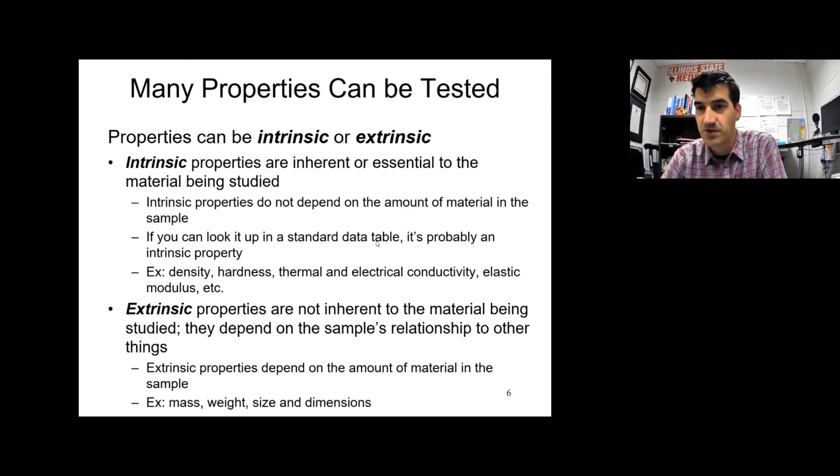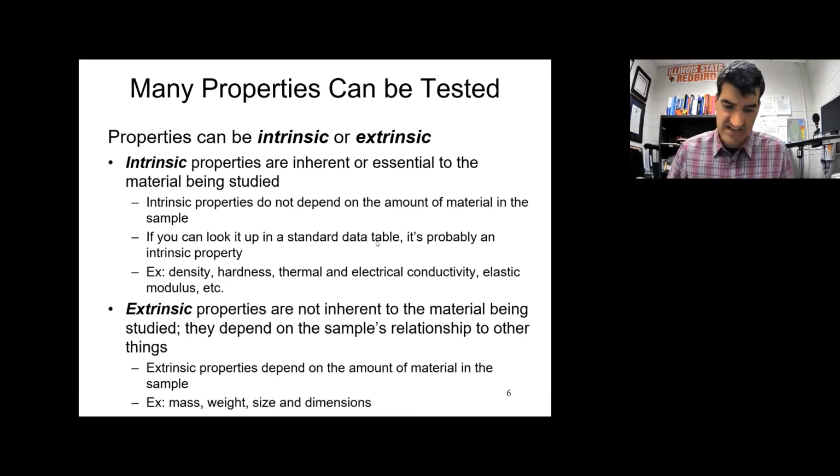Here's another pretty good clue. If you can look it up in a data table online, which you're going to do quite a bit of in this class, it's probably an intrinsic property. Probably. There are standard size I-beams that are probably also in tables that you can look up for dimensions of standard I-beams. And the dimensions, as we've said, are an extrinsic property, not an intrinsic property.